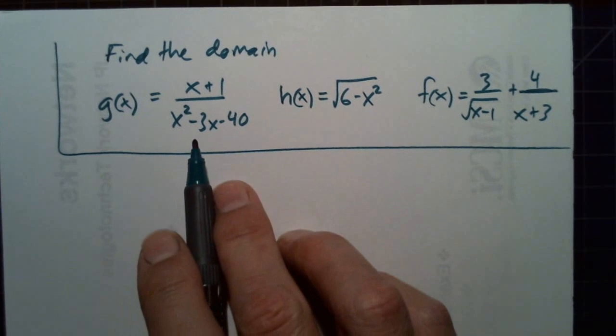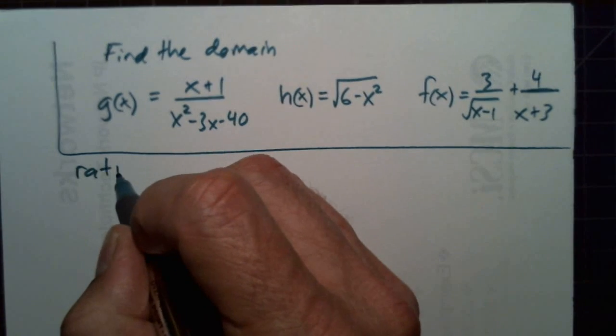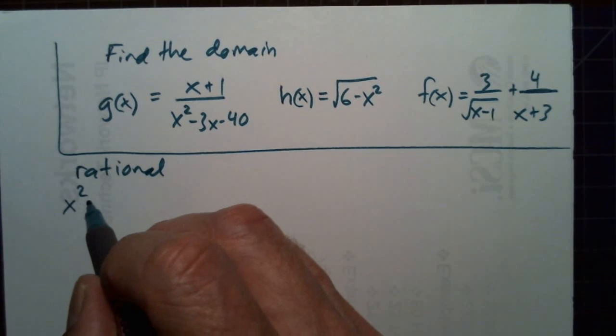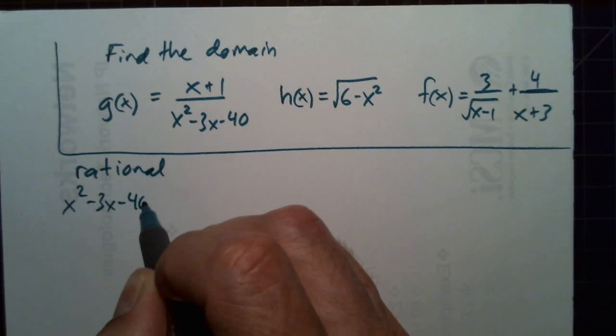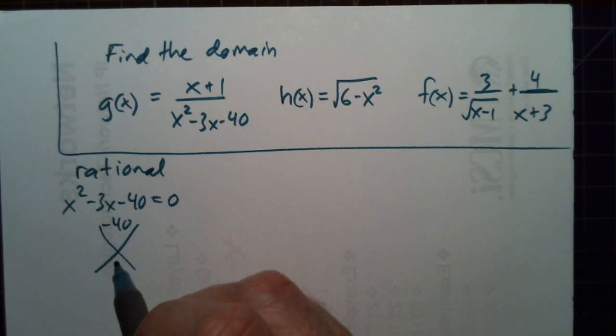Alright, so we identify this as being rational, and that means we need to look at the denominator. So we want to know, when is the denominator equal to 0? And we can factor like this.